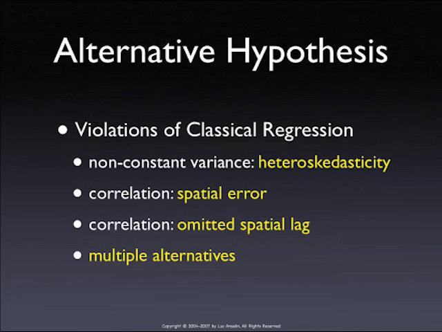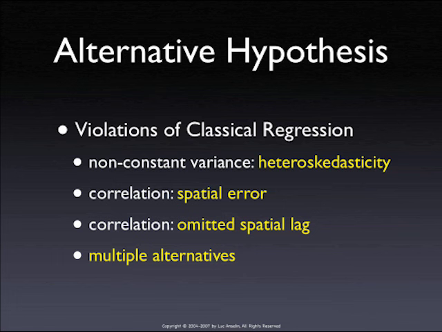Before we get into the technicalities, it's important to know that both of these alternative models will tend to result in residuals of a regression that are spatially correlated. The challenge will then be, how can we tell from the spatial correlation in the residuals which of the two, the lag or the error, is the proper alternative?